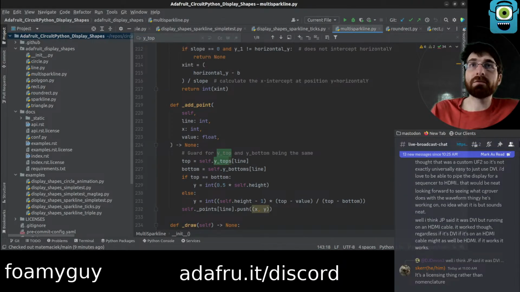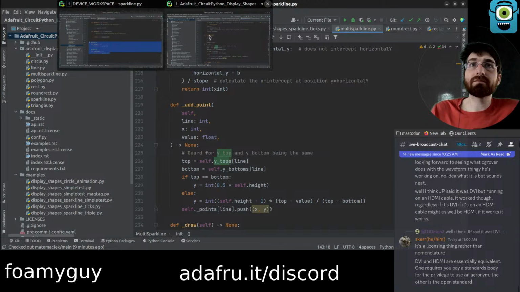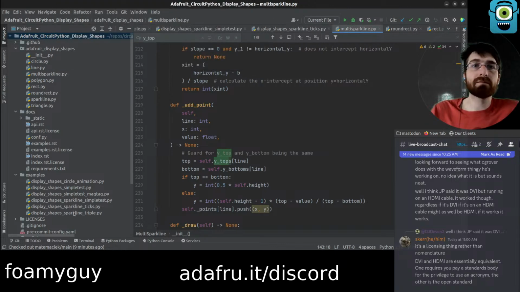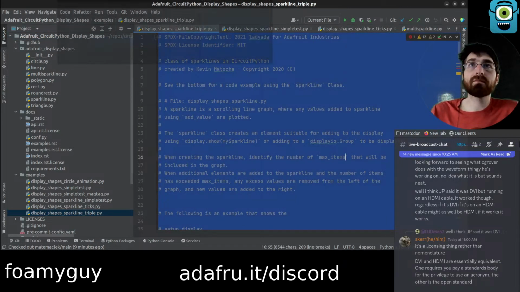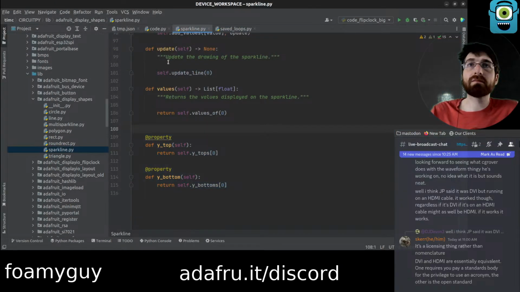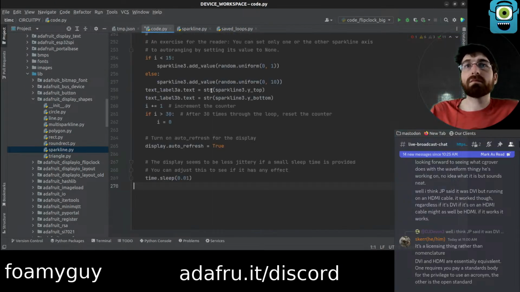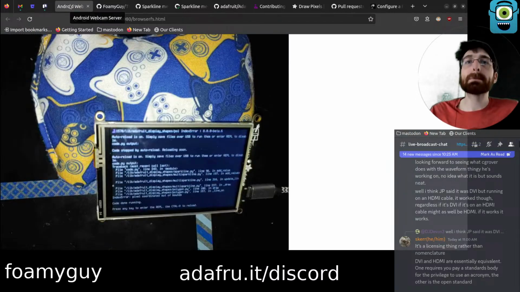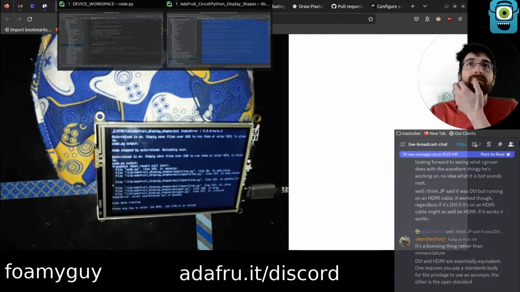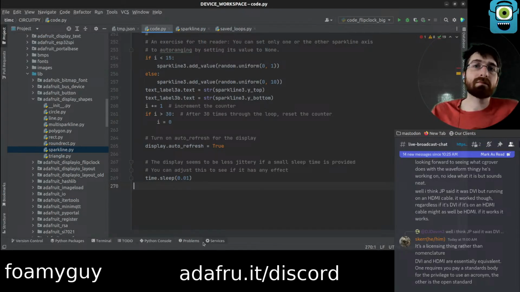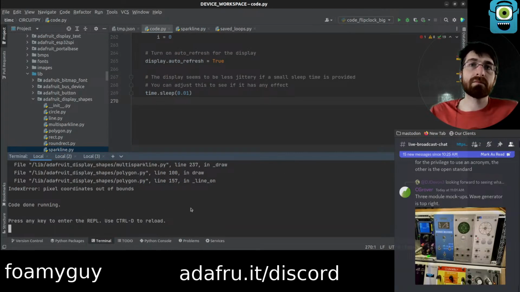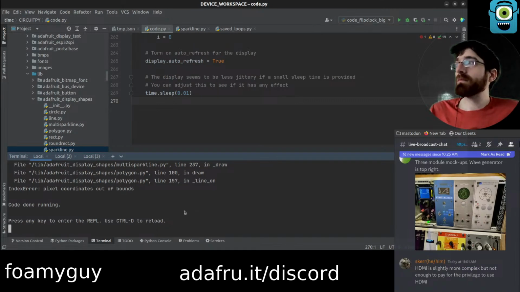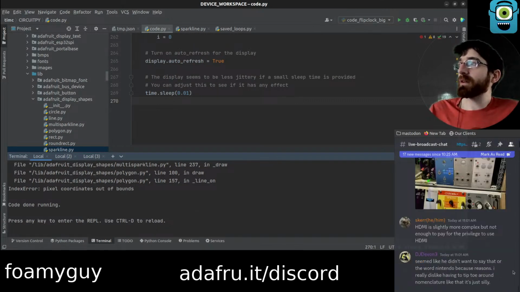All right, let's do the triple. Three module mockups.